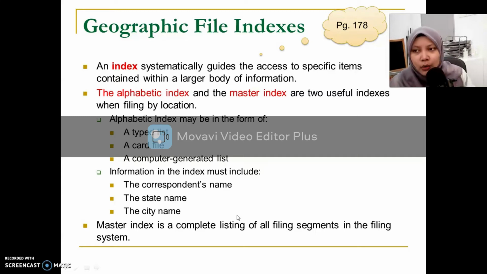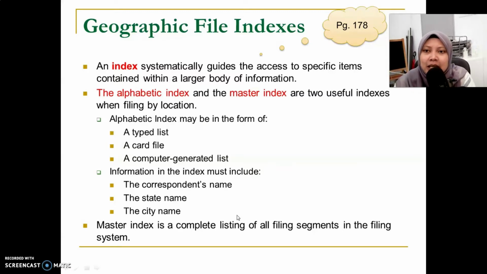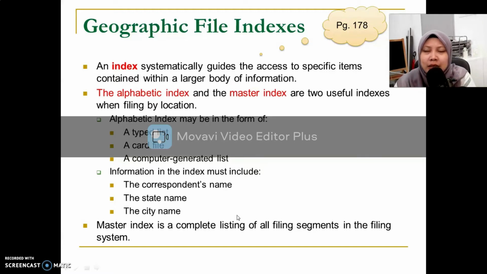So when we talk about geographic filing indexes, basically the file indexes. In geographic filing, kita susun filing segment tu menggunakan nama, the geographic name. Nama lokasi, for example, state, nama negeri.